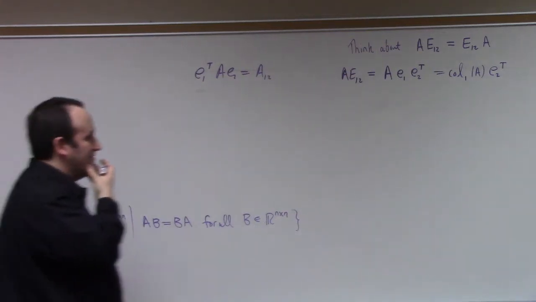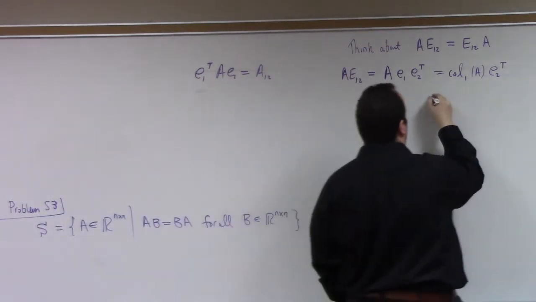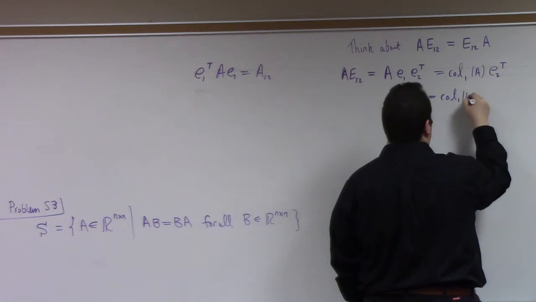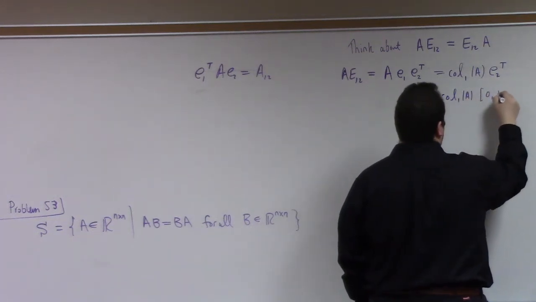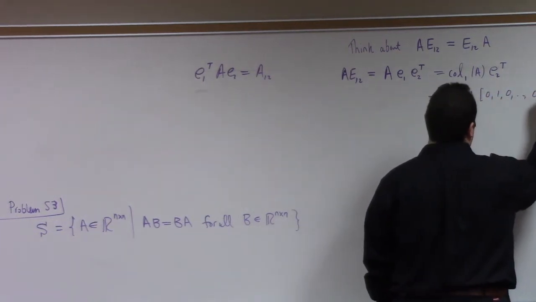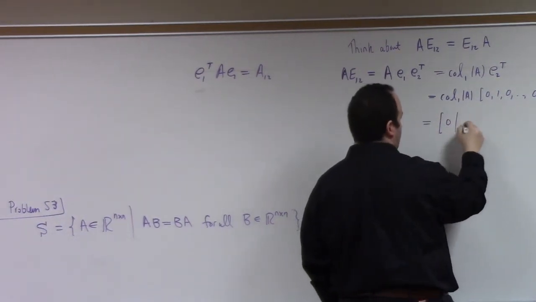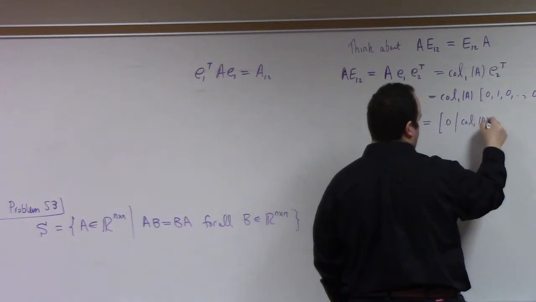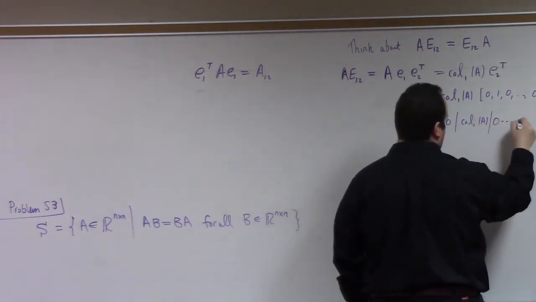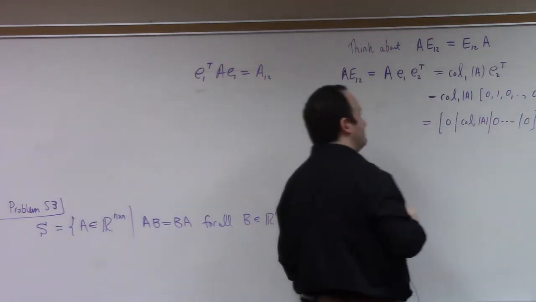Let me write it out. I'll write it like this. This is column 1 of A times 0, 1, 0, dot, dot, dot, dot, 0, right? So the way that works is 0, column 1 of A, zeros, right?